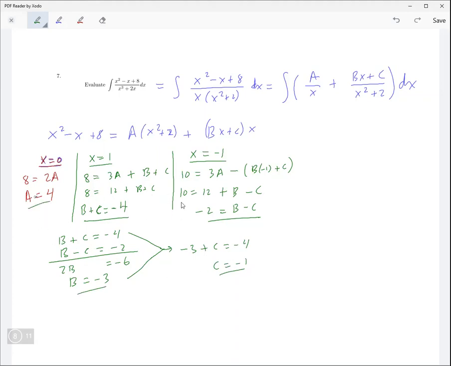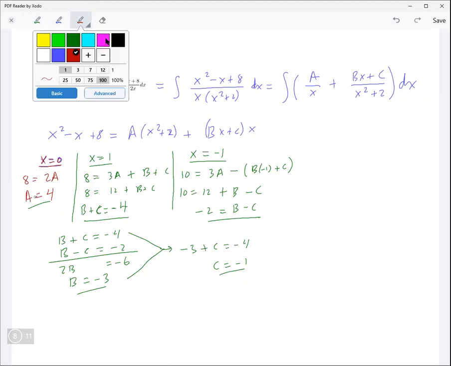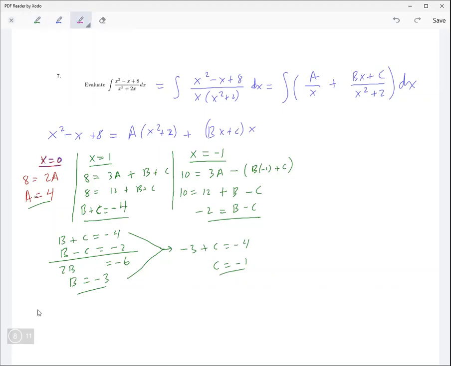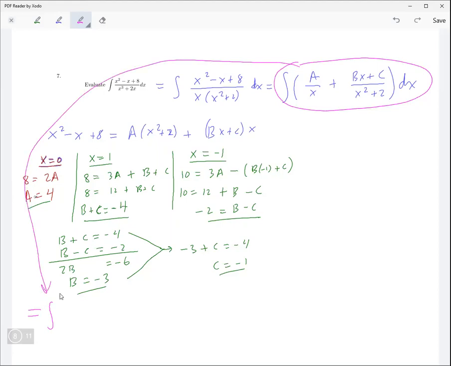We got A, B, and C. Wow, the only question is, do we have enough space now? Probably not. Okay, so put the values in, and we have 4 over x plus negative 3x minus 1 over x squared plus 2.